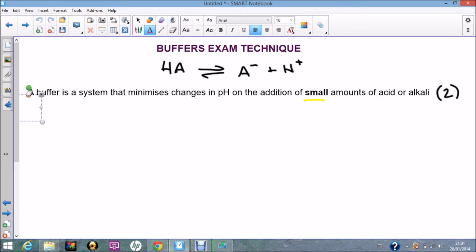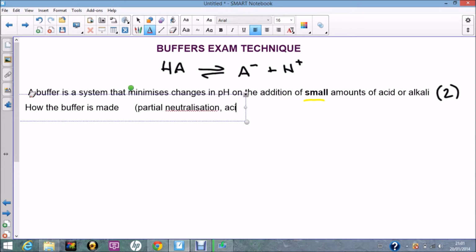Once you've explained what a buffer is, you're then going to go on to how it's made. Key points in this: you need to talk about partial neutralisation, you need to mention that the acid is in excess, and you need to give an equation for the formation.